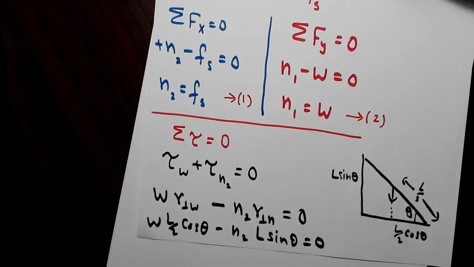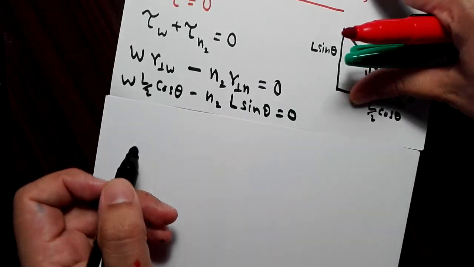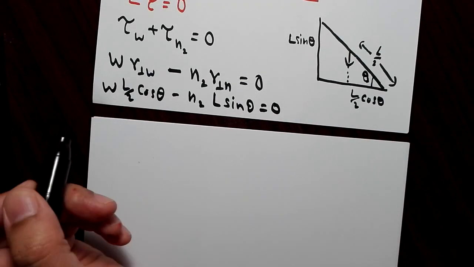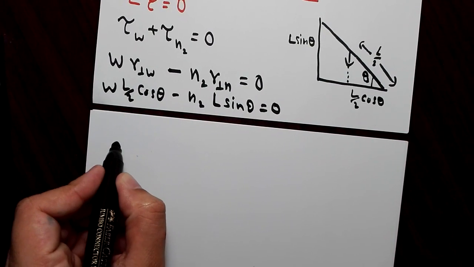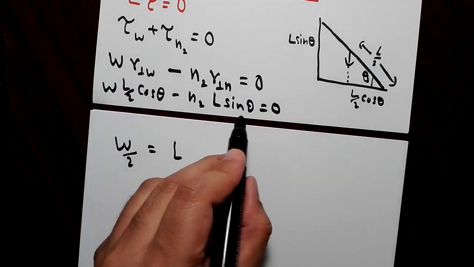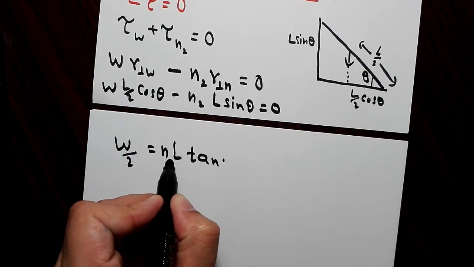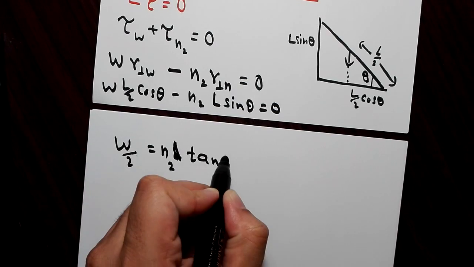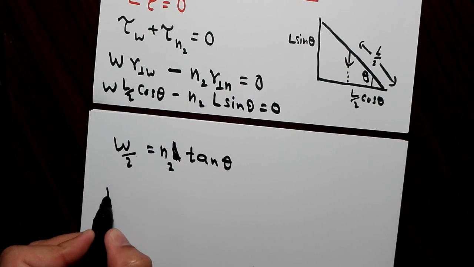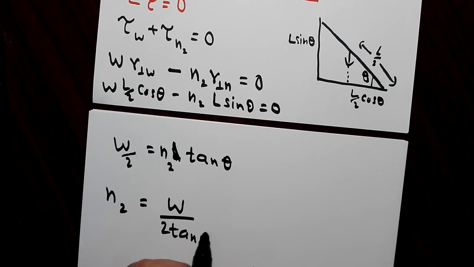So let's further solve this. The L can be divided off, so the L cancels out, and if you divide by cosine on both sides, you get W by 2 equals N2 times tangent theta. So N2 is equal to W over 2 tangent theta.